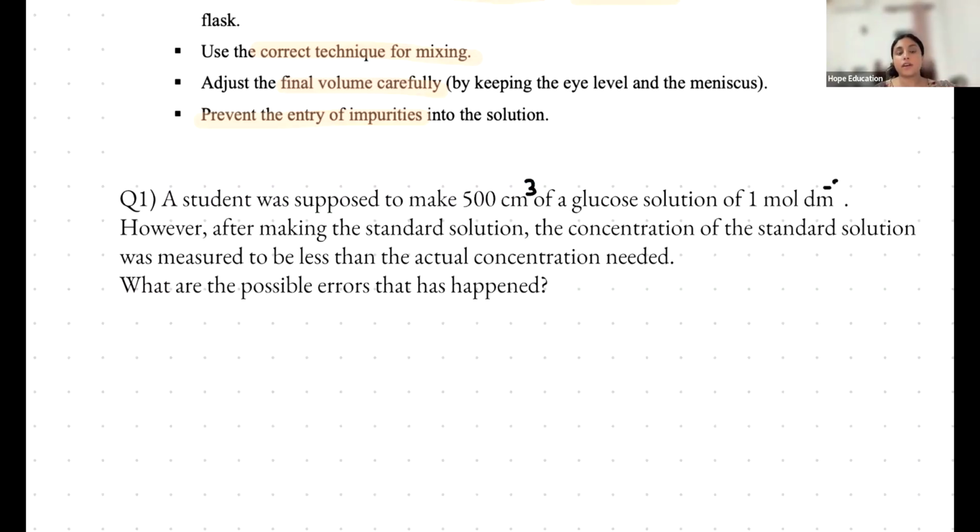So first I ask you to make the standard solution and you do it alone. Everyone here makes it separately. At the end, I come and measure your concentration to check if you have correctly made the standard solution. When I check, the concentration is actually less than the actual concentration needed.